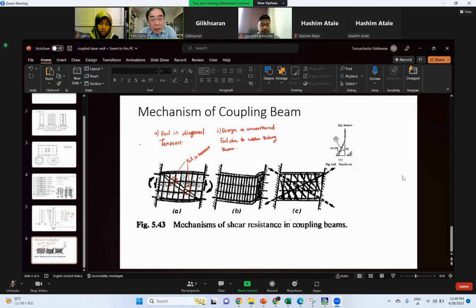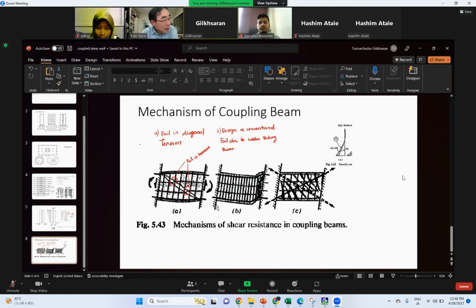In this picture this force is down and this force is up, and as a result we can see diagonal cracks in the coupling beam, which we call shear cracks. The left side is going down and the right side is going up. We call this shear deformation.